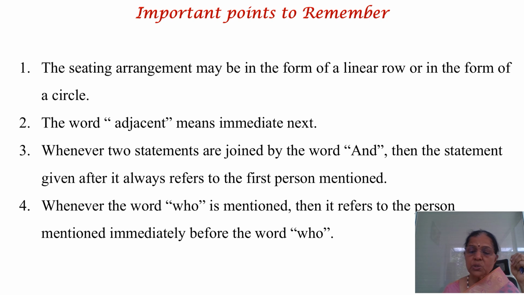Now who refers to C, not A, because C is the person mentioned immediately before the word who. So the farmer here is C, not A. You saw the difference? Okay. So please learn this and remember it.